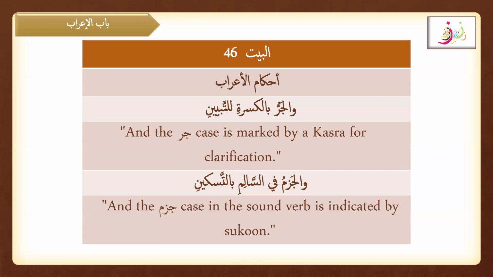He is talking about wajazmi fisalimi bittaskin: when we have sound verbs, we put the jazm, like lam yazhab. The jazm case in the sound verb is indicated by a sukoon. We have already done all these i'rab in our earlier sections, and inshallah you can go back and watch those lectures in detail.